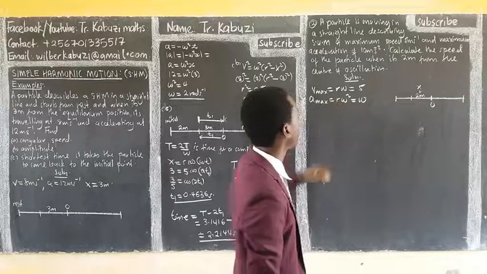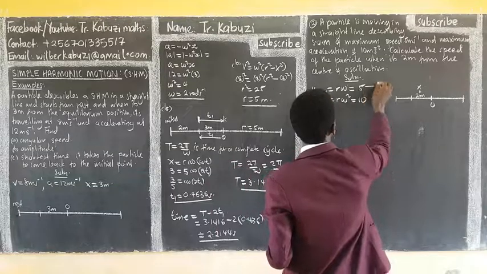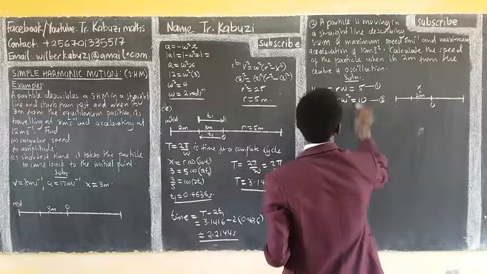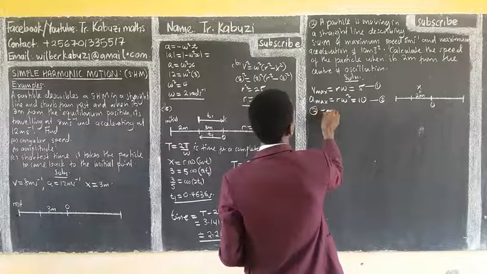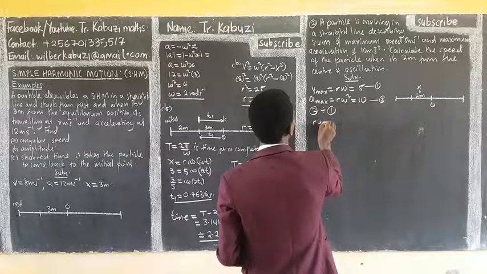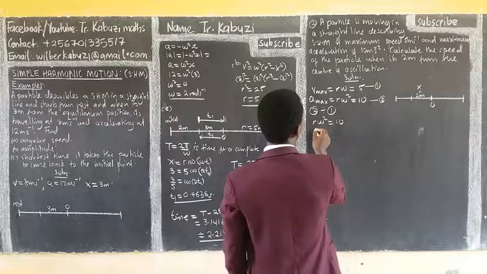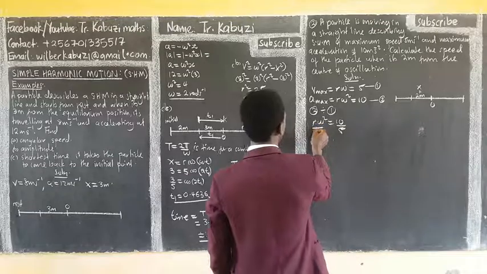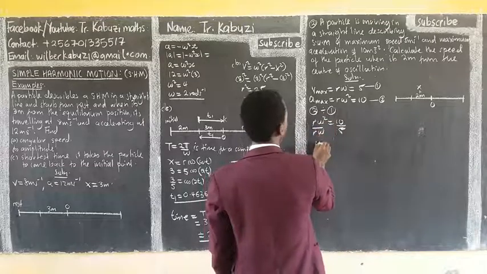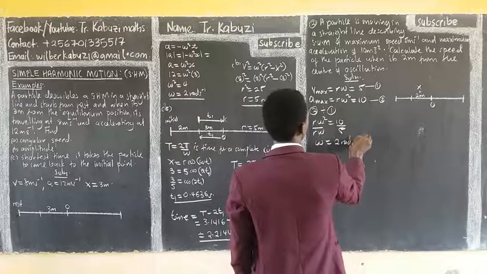If I call this equation 1 and this equation 2, I can relate these two by dividing them. So 2 divided by 1, I have 10 over R omega over 5. So when you divide this and this, we have our angular speed as 2 rad per second.